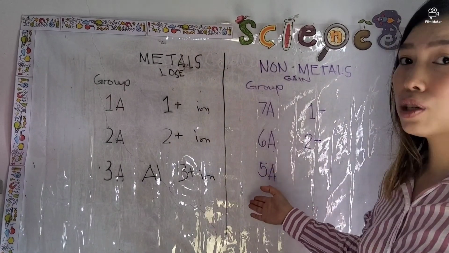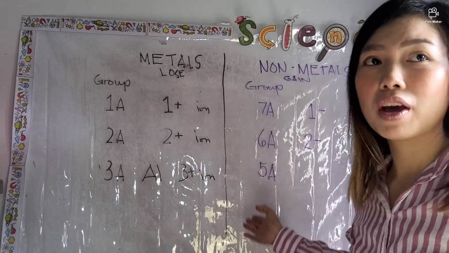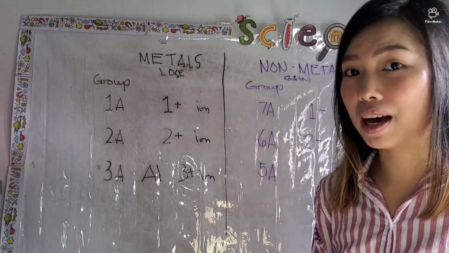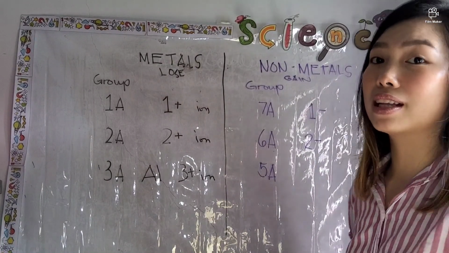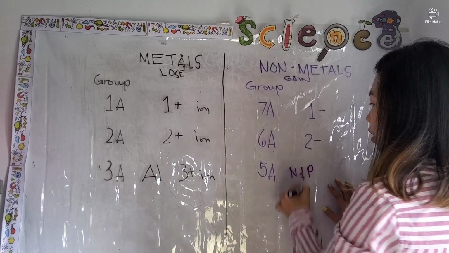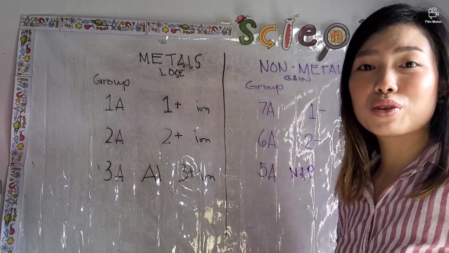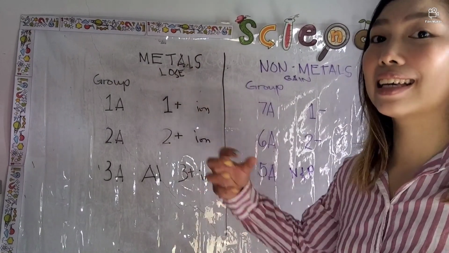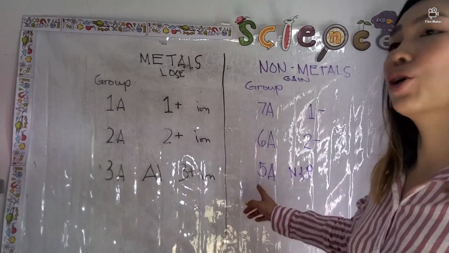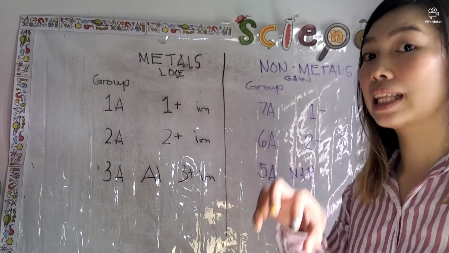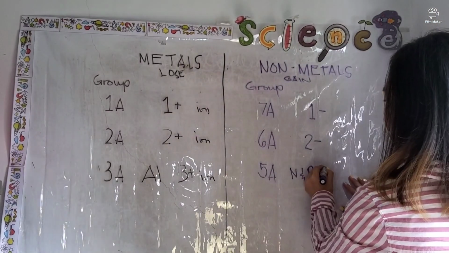And then for the last, which is group number 5, take note that in group number 5, hindi lahat ng nasa group 5 ay kasali. It would only be the nitrogen and the phosphorus. So yung nitrogen lang at phosphorus ang isasama natin sa group 5A na nag-gain ng, dahil nasa group 5, kulang na lang sila ng 3 to be stable. That's why they are gaining 3 electrons.